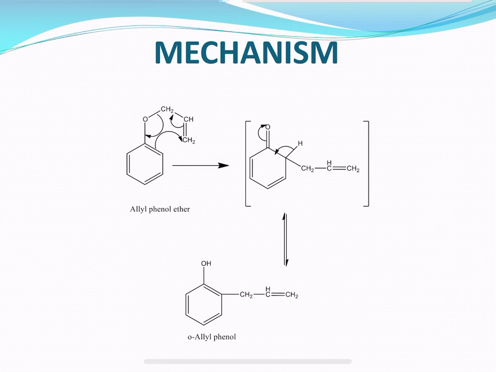But in your syllabus, they have taken very simple examples to make you understand what is meant by Claisen rearrangement. So as I said, when allyl phenyl ether is heated to about 473 Kelvin, the ortho allyl phenol is obtained, and this intramolecular thermal rearrangement of phenyl allyl ethers is known as Claisen rearrangement.